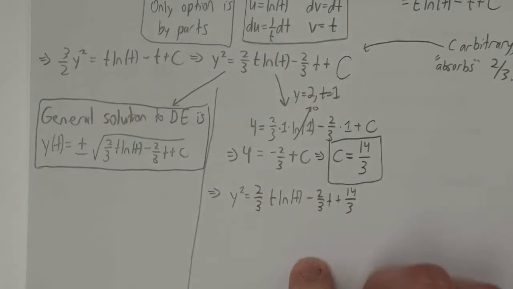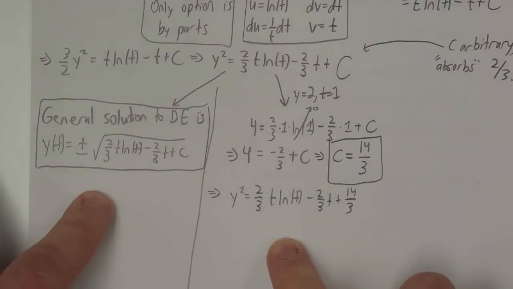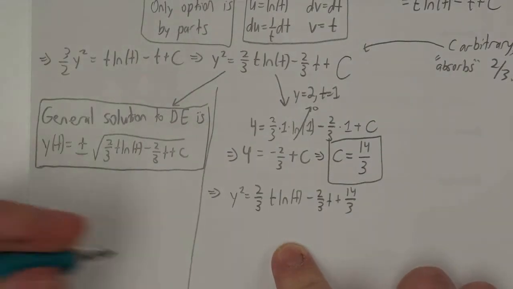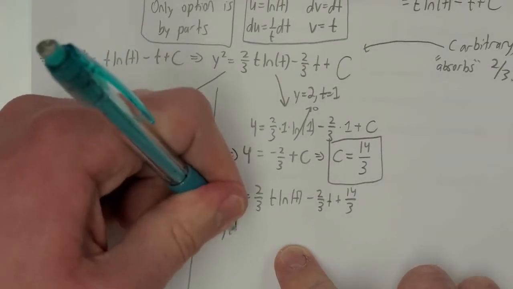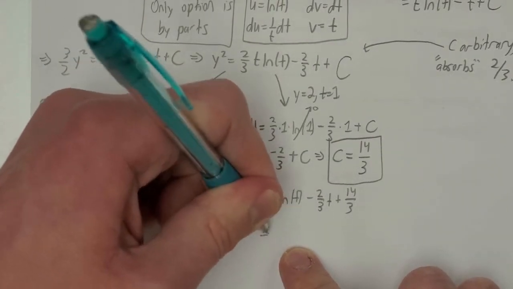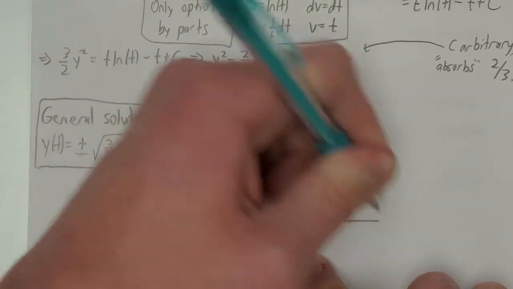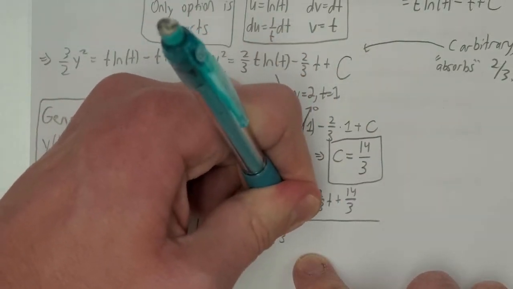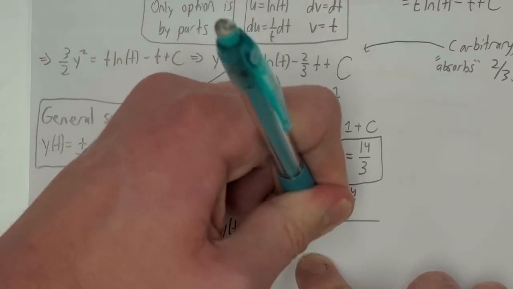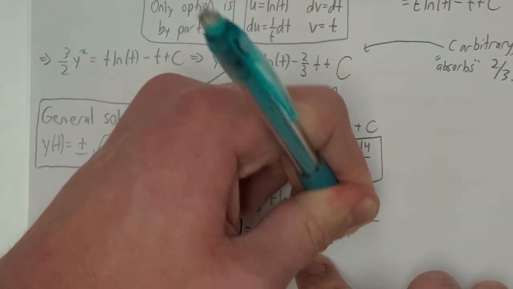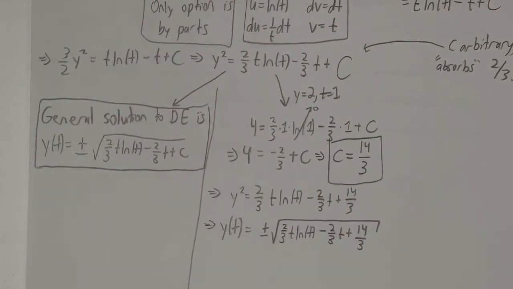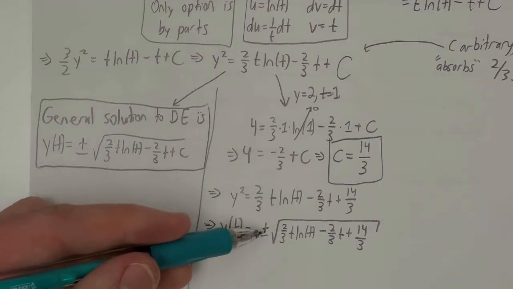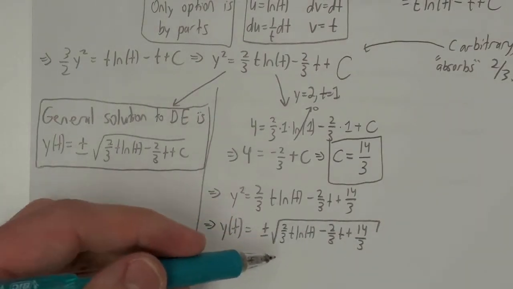Now, as per the reasoning here, just take the square root of both sides, and that gets you y of t by itself. That gives plus or minus the square root of 2/3 times t times natural log of t minus 2/3 t plus 14 over 3. With similar reasoning as the last example, we have either plus the square root of all this or minus the square root of all this.